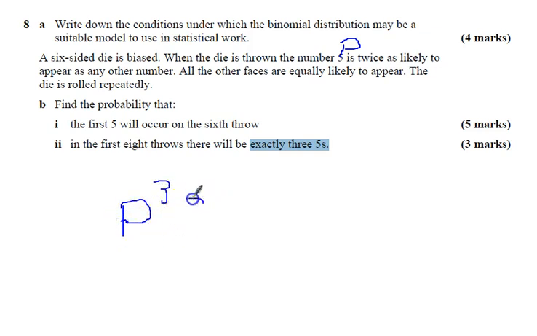And then we have this times Q, and Q is 1 minus P. That's what Q equals. It's the probability of not getting a 5, and that is going to be to the power of 5. And that's because we've got 8 throws. The 2 powers have to add up to the number of throws, which is 8.